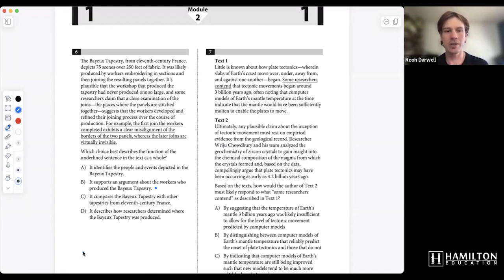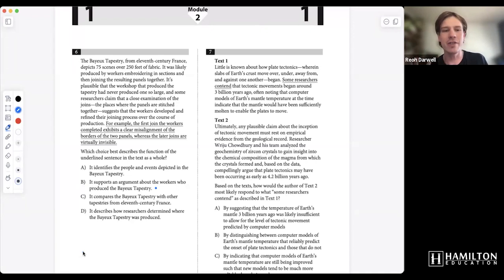Okay. How do we know this? Well, the first time the workers joined these panels together, it really didn't look good, right? There's a clear misalignment. But then later on, these joins are virtually invisible, right? They're really good. So they learned how to do it as time went along, right?